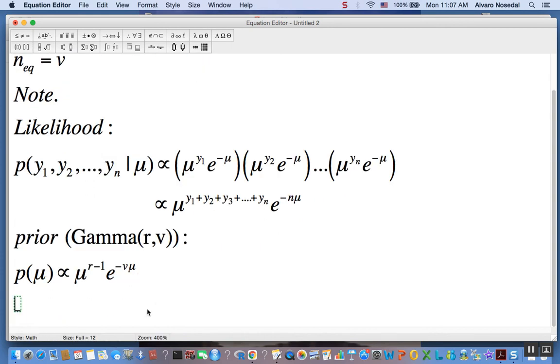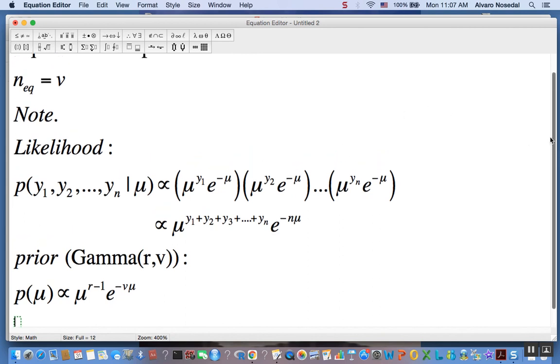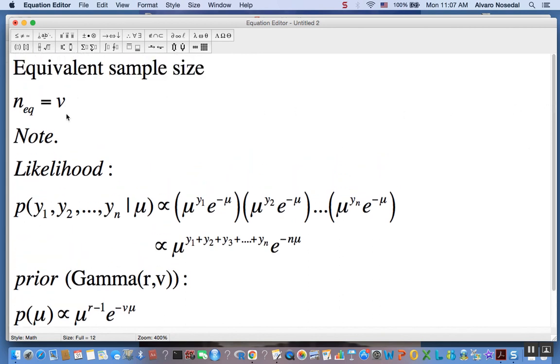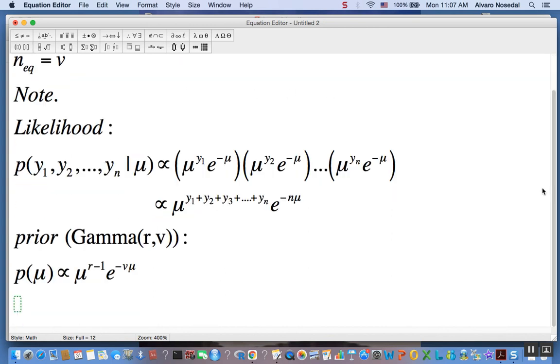So if you compare these two expressions, with the math that we did before, remember that our conclusion was that the equivalent sample size was v, right? So if you compare these two, you go, oh right, v and n.